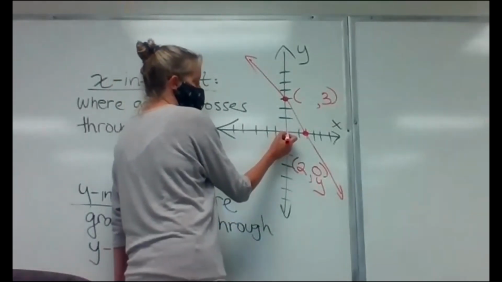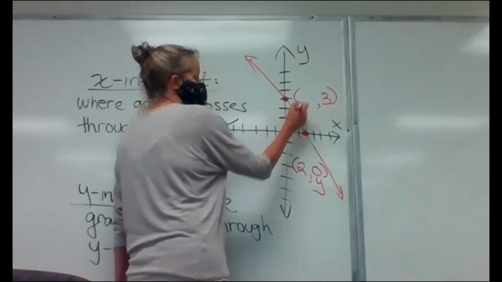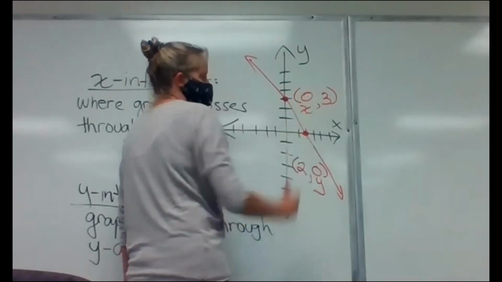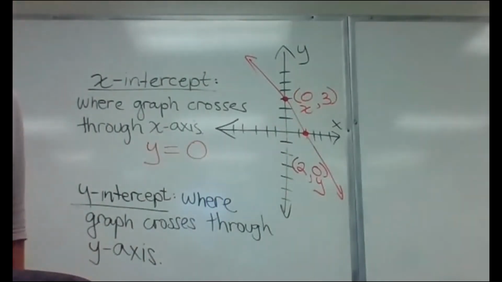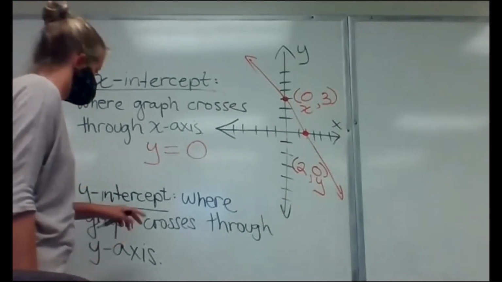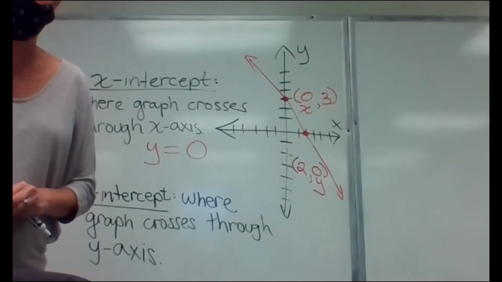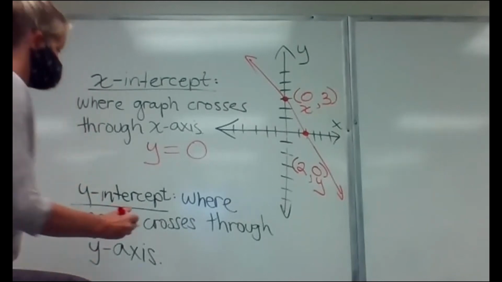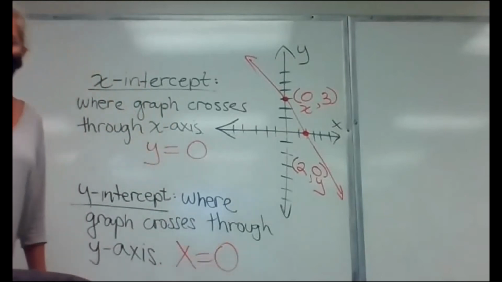If I'm here and I only go up, I don't go anywhere left or right, that is because my X coordinate is 0. So once again, that's what I'm going to look for if I'm trying to find my Y-intercept. I need to go find the point where the X is 0.